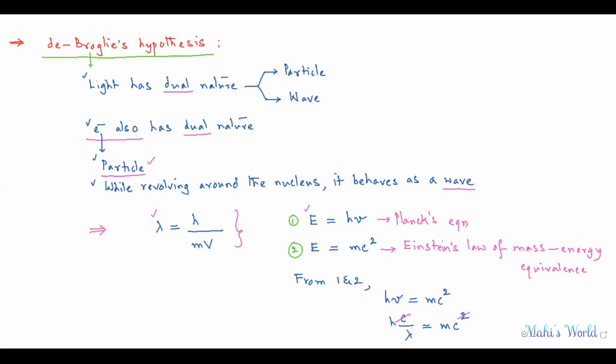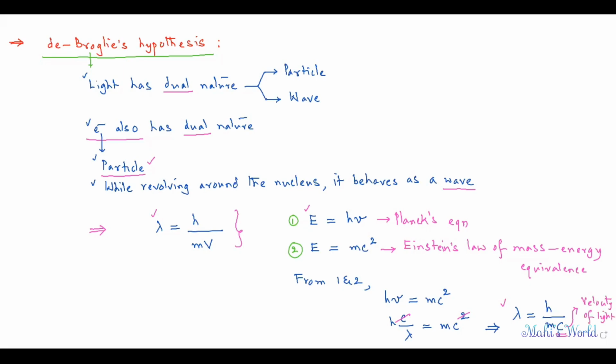Now, this can be written as lambda is equal to, I'm writing the expression for lambda. Let me take lambda onto this side and mc onto this side. So then I can just write it as lambda is equal to h by mc. Now this is, of course, for a particle moving with a velocity equal to c, that is velocity of light.